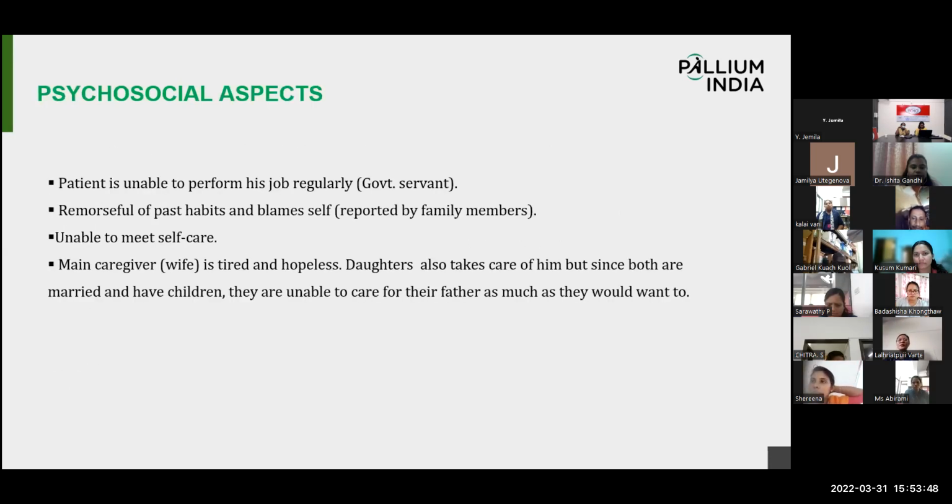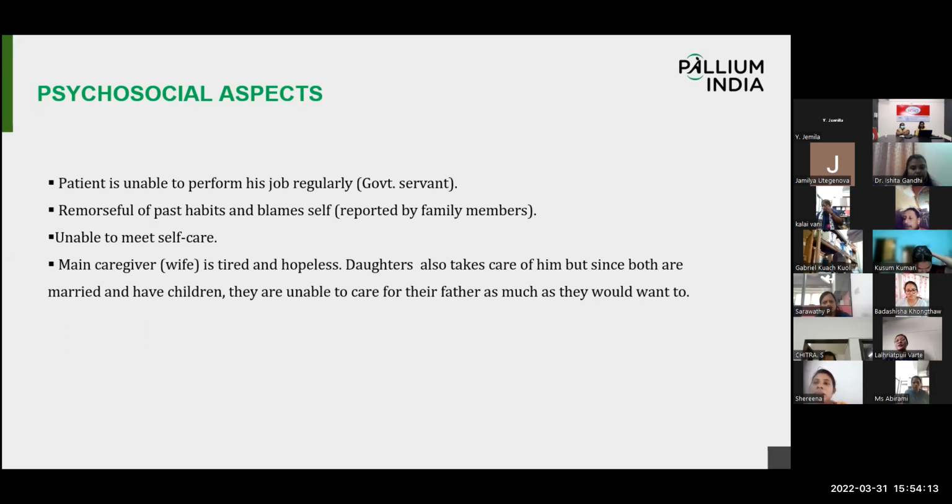Psychosocial aspects. The patient is unable to perform his job regularly. He is a government servant, and for the past 2 to 3 years, especially this past 1 year, he was unable to perform his job properly. He is remorseful of his past habits and blames himself, as reported by the family members, and he was unable to meet self-care.